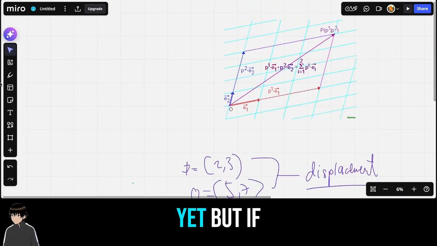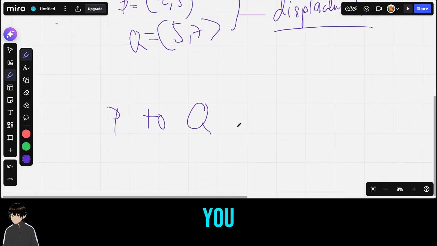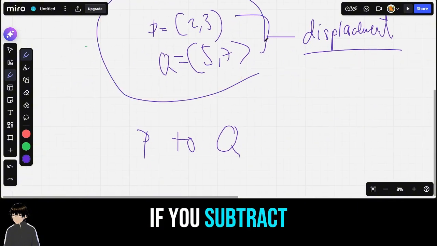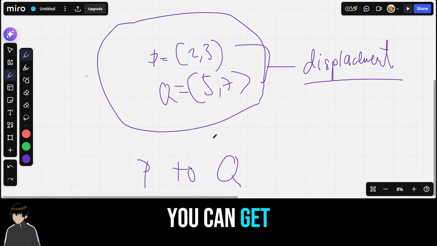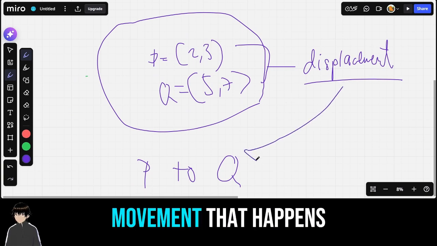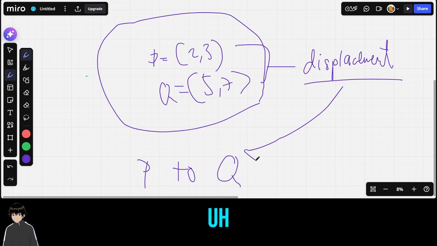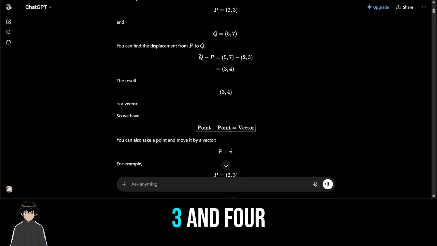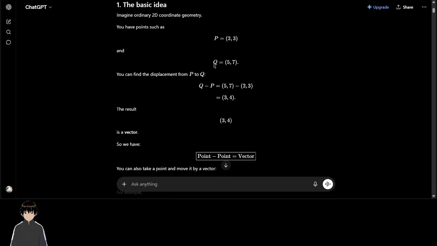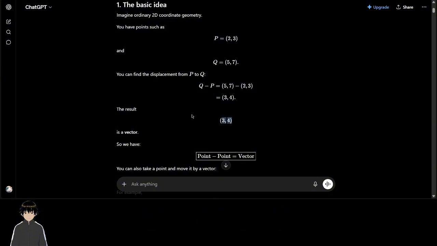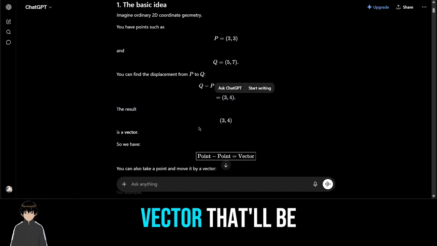I can't visualize it yet, but if you subtract these 2 points, you can get the displacement from P to Q, or the movement that happens in order to get from P to Q. If you subtract them, you will get 3 and 4, and that will be the resulting vector.